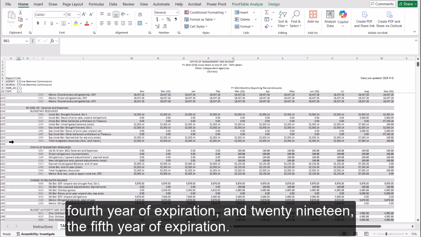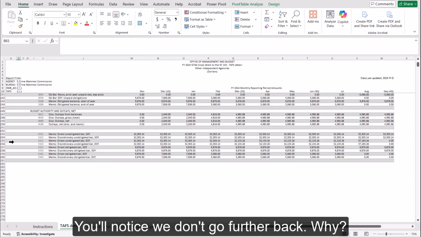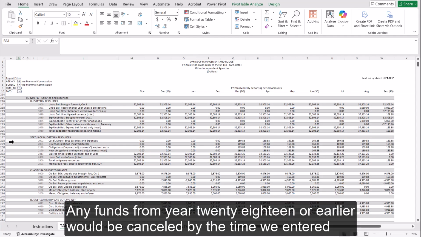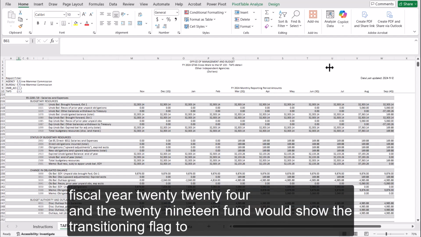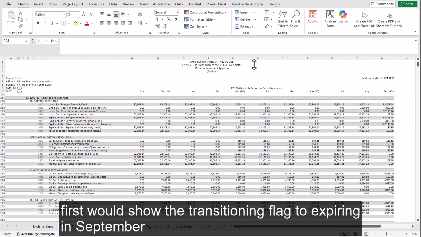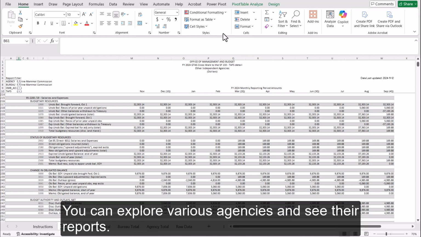And 2019, the fifth year of expiration. You'll notice we don't go further back. Why? Any funds from year 2018 or earlier would be canceled by the time we entered fiscal year 2024. And the 2019 fund would show the transitioning flag to canceling in September. Similarly, the 2024 fund we looked at first would show the transitioning flag to expiring in September.